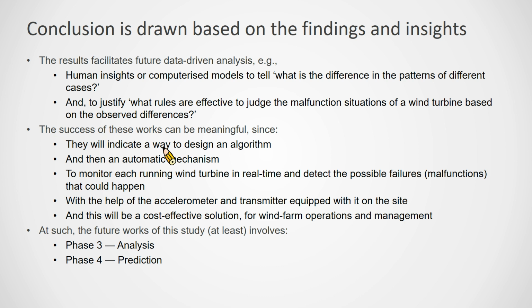And the success of these works can be meaningful, since they will indicate a way to design an algorithm and then an automatic mechanism to monitor each running wind turbine in real time and detect the possible failure that could happen. And this will be a cost-effective solution.